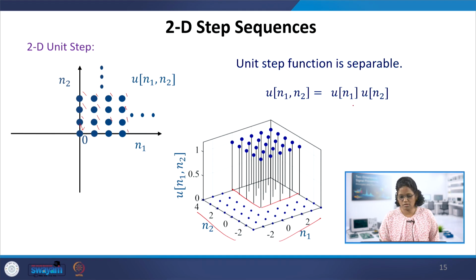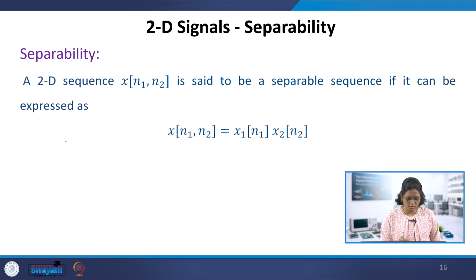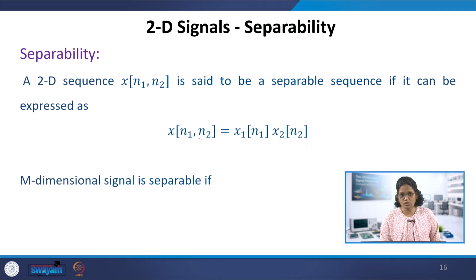The step sequence itself has two different cases. Regarding separability, as I said, x of n1 comma n2 is separable if it can be expressed as x1 of n1 times x2 of n2, that is, in terms of two sequences. This is the case for only 2 dimensions.